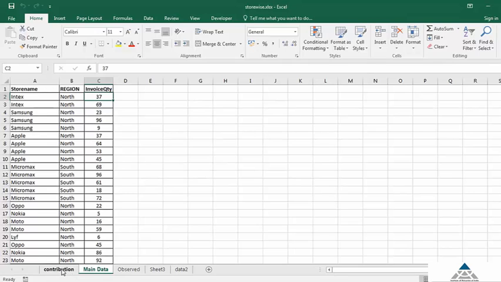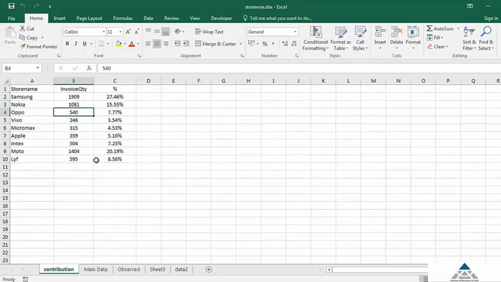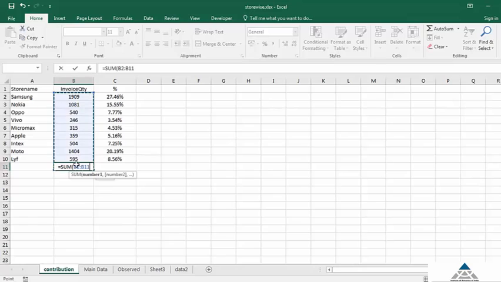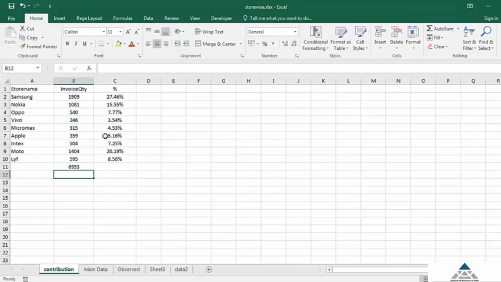When we summarize this data based on companies, this is the output we get. 27.46% of the phones sold were of Samsung, 15.55% was Nokia, and so on and so forth. Finding out the percentage in an Excel sheet is something we have seen in our Excel course as well.